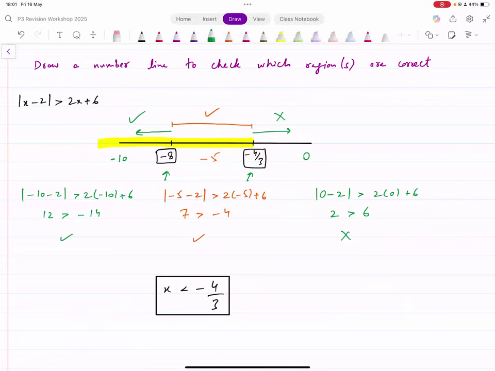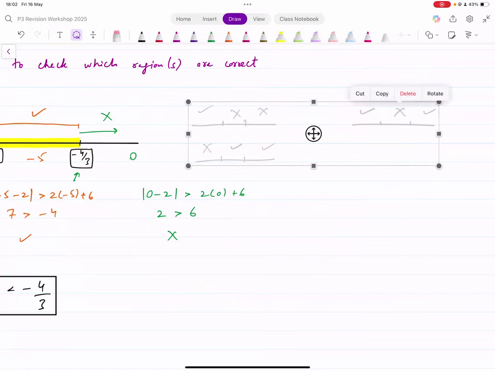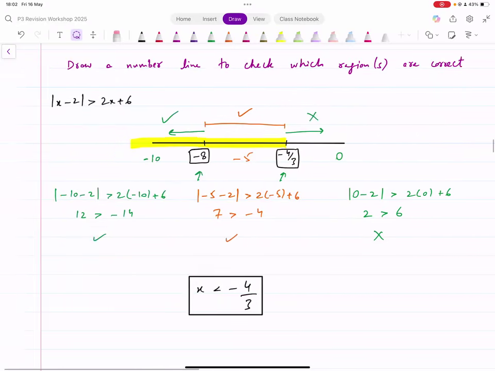We could have any other combination as well. It could be that the left region is correct and the other 2 are incorrect, or maybe that the right and the middle are correct and this is incorrect, or that the regions on the sides are correct and this is incorrect. There are many different combinations like this that are possible. When you have modulus on one side, you have to check every single region.